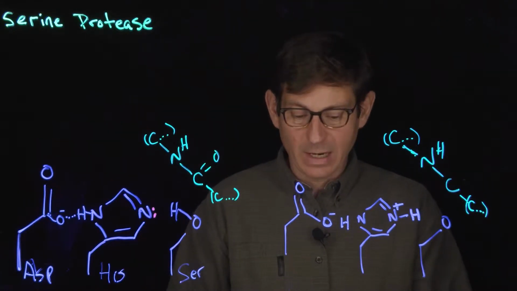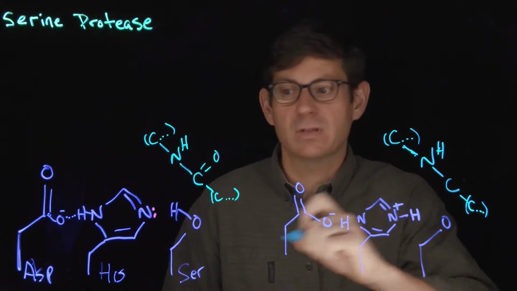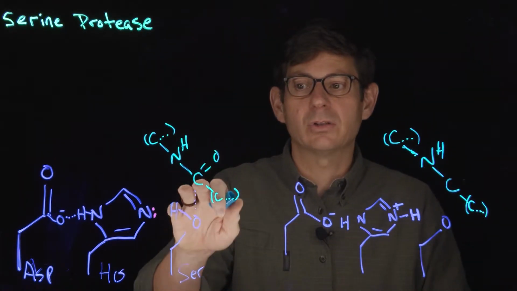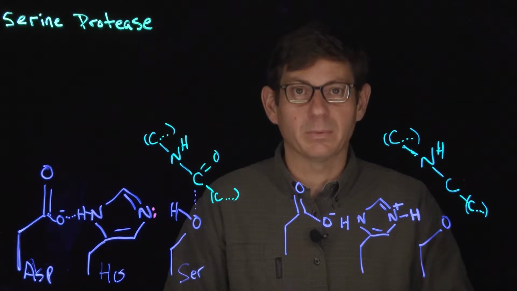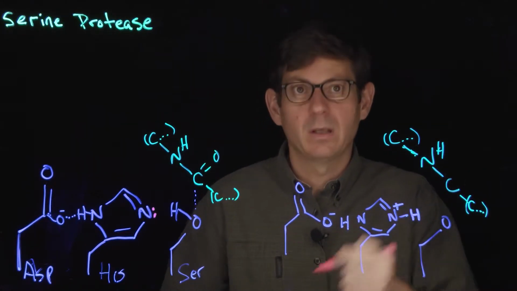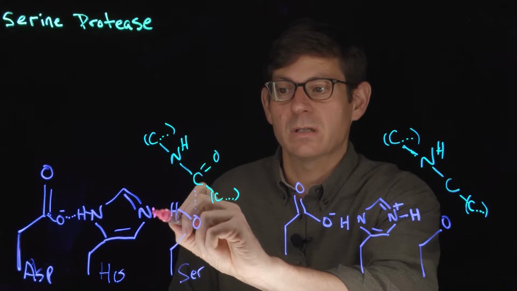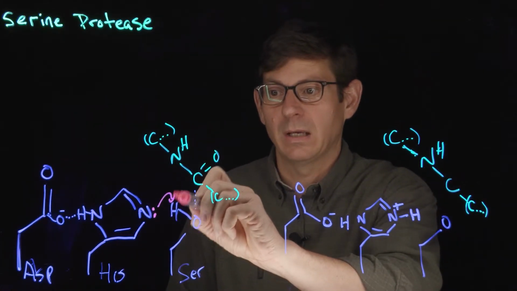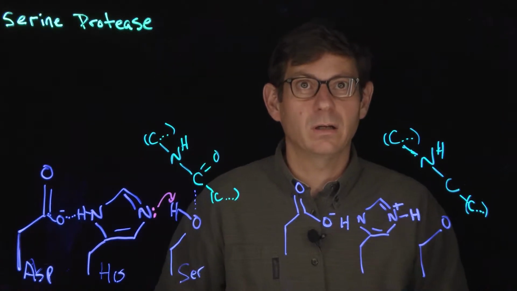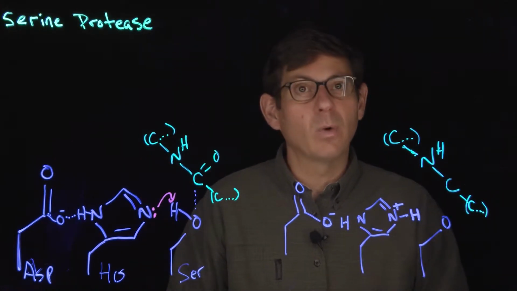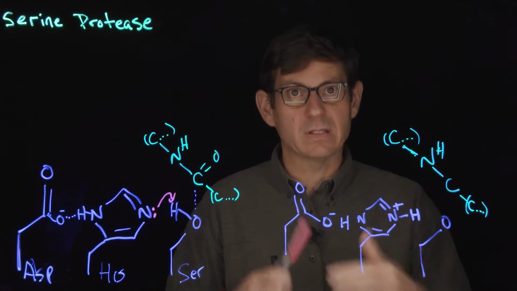Okay? And what happens is that initially the peptide drifts in, and there's a little bit of an interaction here between this oxygen and this carbonyl carbon. And that's facilitated because of something that happens very rapidly, that the electrons that are on this nitrogen in the histidine ring can attack this proton and pull it off of the serine side chain, the serine side chain oxygen. Okay? And when that happens, a couple of things ensue.